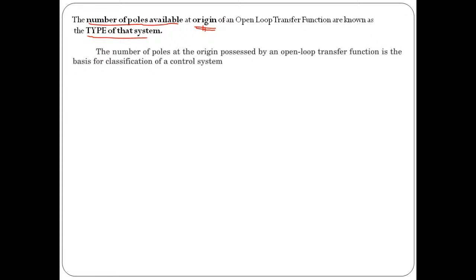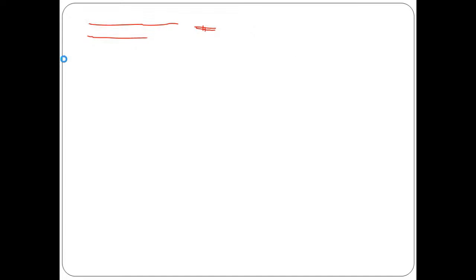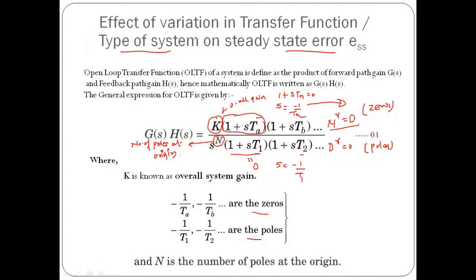For example, the number of poles at origin possessed by an open loop transfer function is classified like n equals 0. That means it is called a type 0 system. So the moment you put n equals 0 in the expression indicated by equation number 3, s to the power 0 is going to be equal to 1.